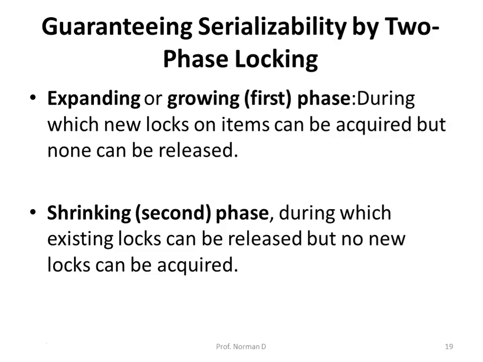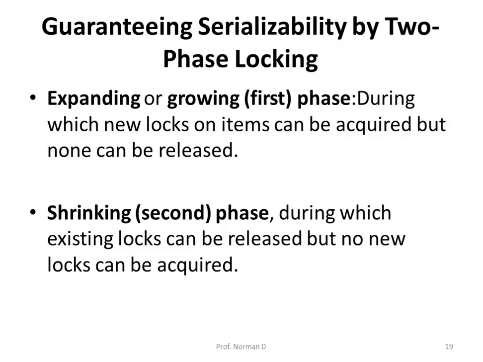Next is guaranteeing serializability by two-phase locking. A transaction is said to follow the two-phase locking protocol if all locking operations, that is read lock and write lock, precede the first unlock operation in the transaction.